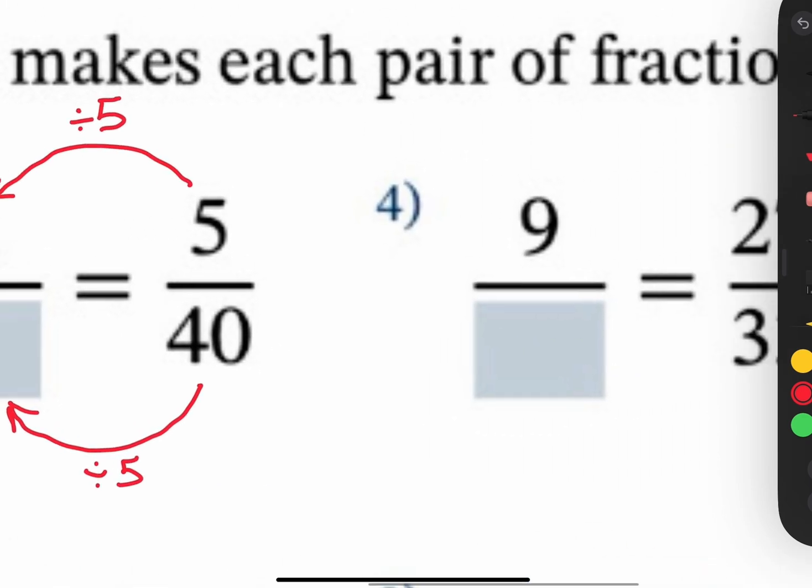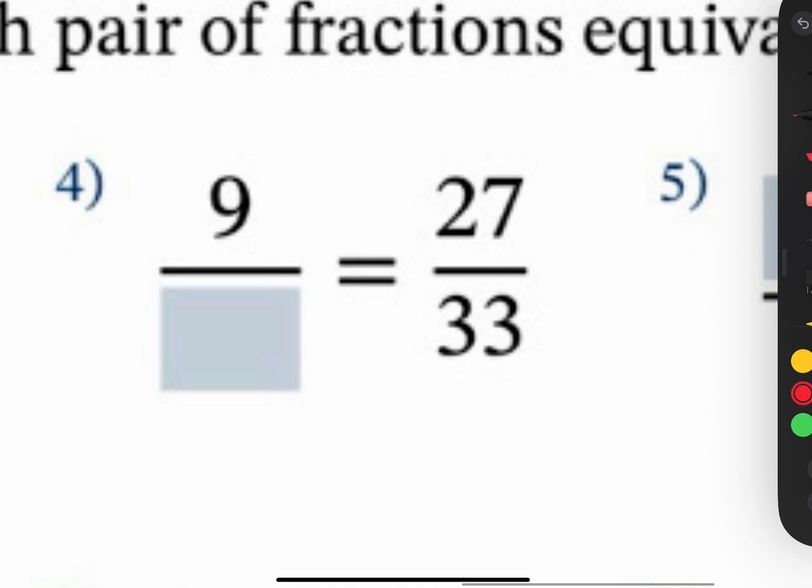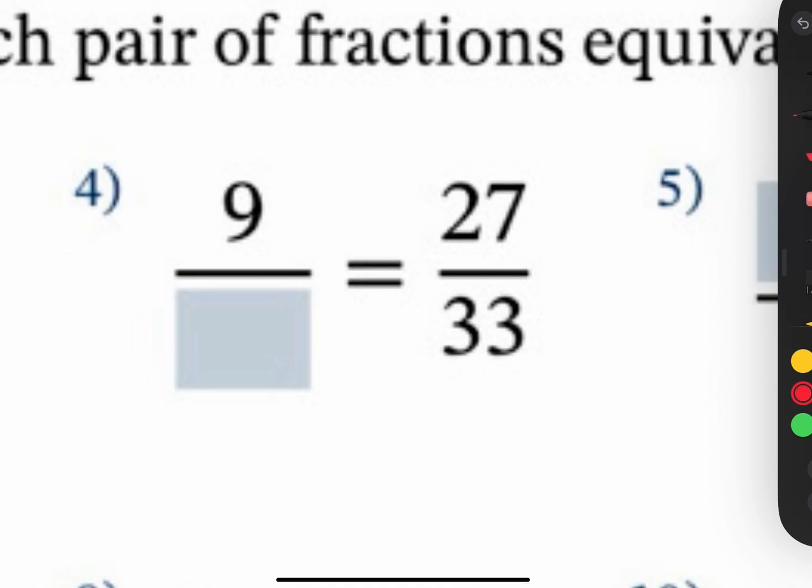All right, let's do one more. This time it's my denominator, but our numbers are getting bigger. So let's go the opposite direction again. This time let's start at 27 and go to 9.